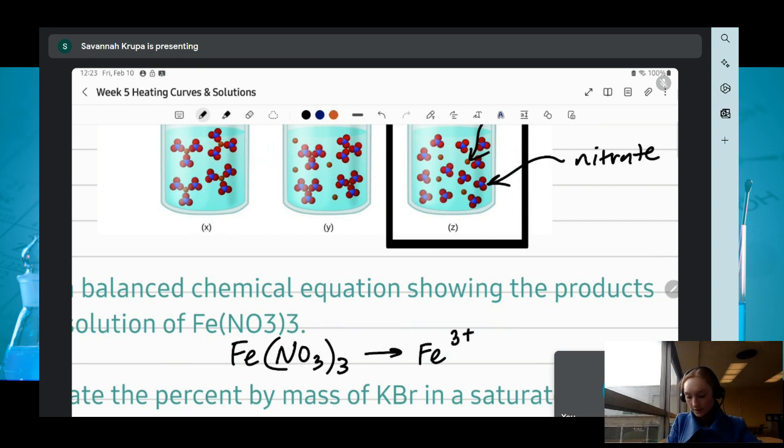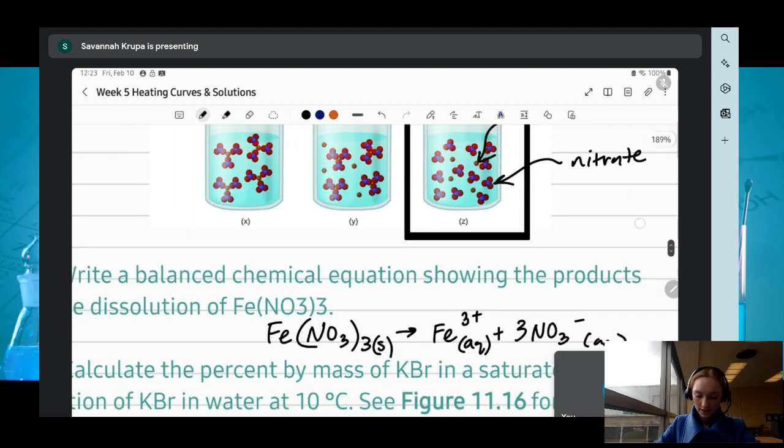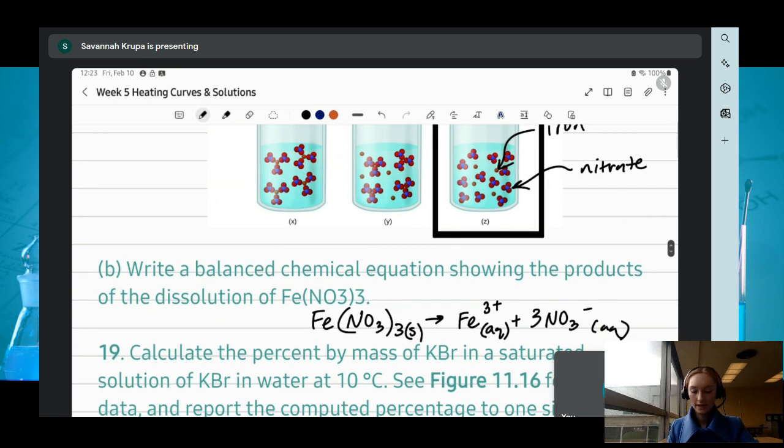And because we know the iron is 3 plus, iron can sometimes be 2 plus or even 4 plus, but we know it's 3 plus because the NO3 itself is a minus charge, and because there are 3 of them, it's going to be 3 minus, and we need a 3 plus to balance this out. And so this will be aqueous, and this will also be aqueous. And what we're starting off with was actually a solid, but it broke apart in the solution. So that is how you write the balanced chemical equation for that one.